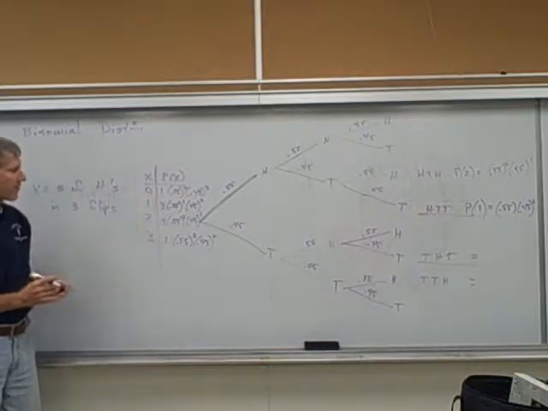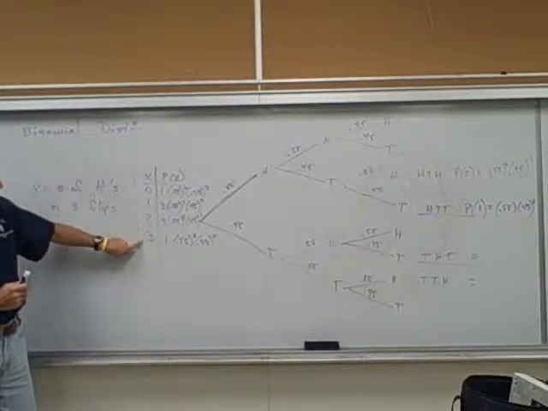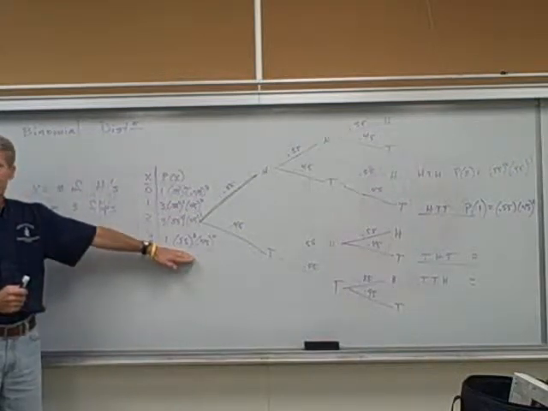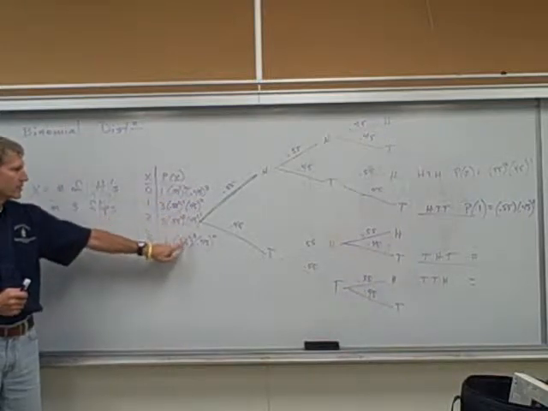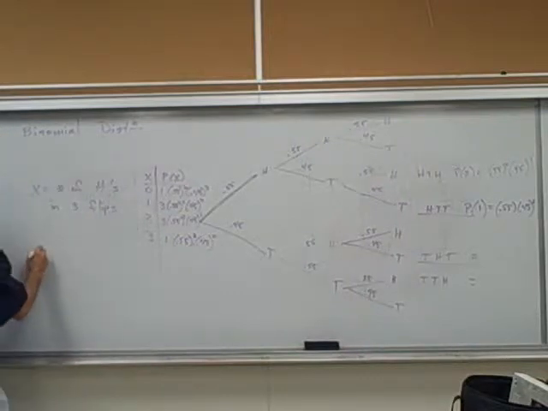And what are those powers? Look at these numbers for x, and where do you see those numbers as exponents? 0, 1, 2, 3. So what I have is 0.55 to the x power.